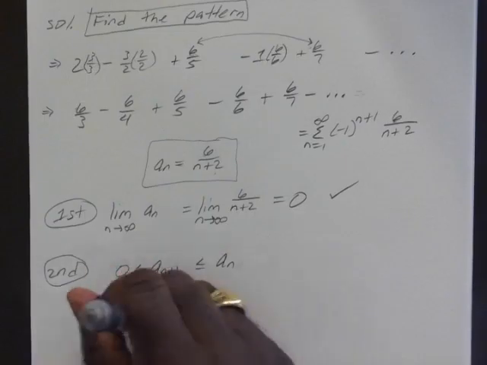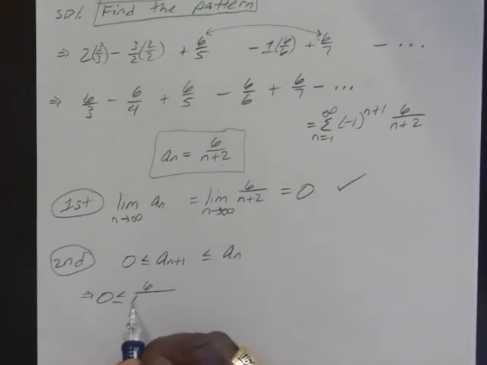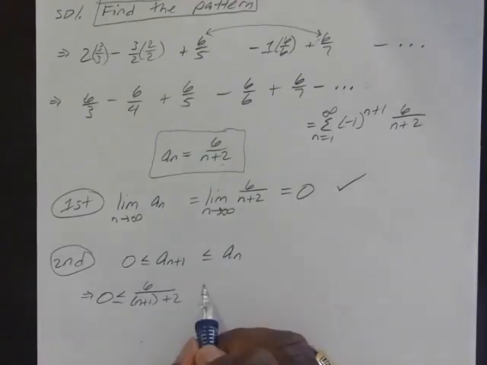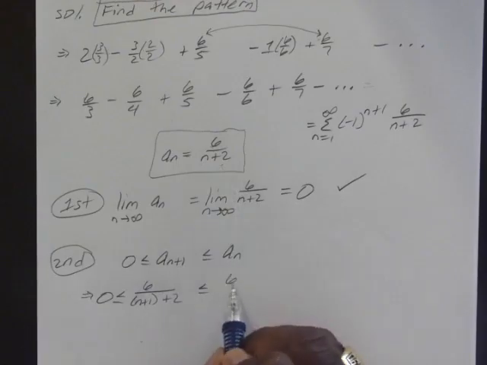Uh-oh, made that a little too big. 6 divided by n plus 1 plus 2 is less than or equal to your a sub n, which is 6 divided by n plus 2.